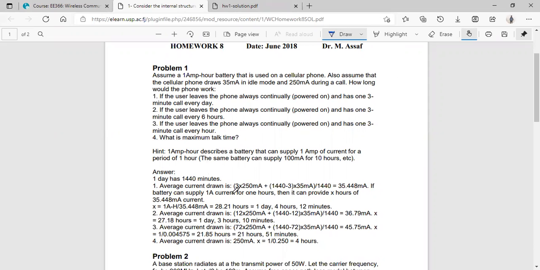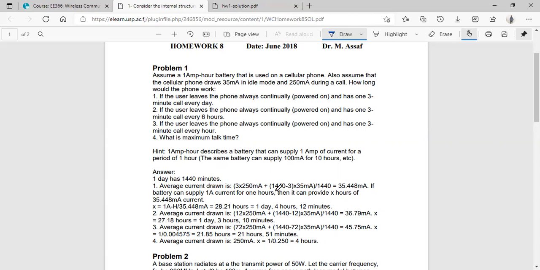So the average current drawn is basically: a 3-minute call will use up 250 milliamps, so 3 times 250 milliamps, plus the remaining minutes of that day, which is 1440 minutes minus 3 minutes.